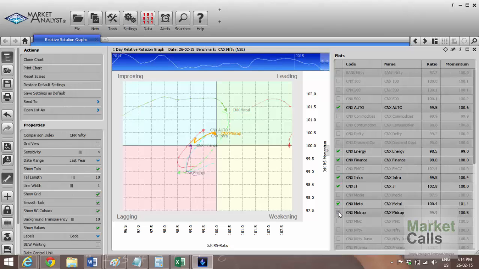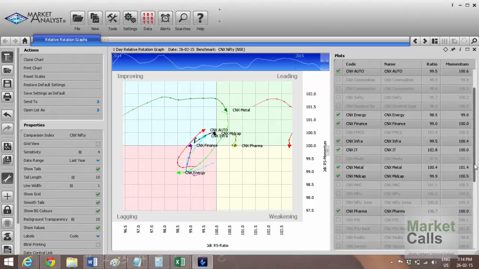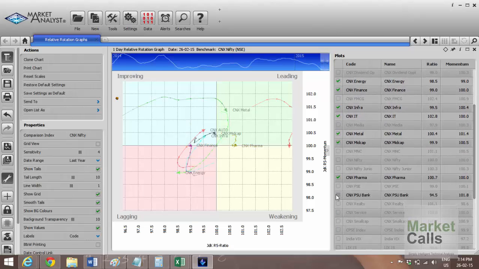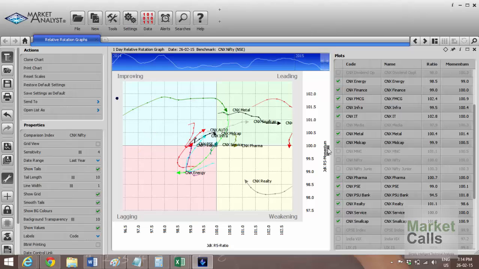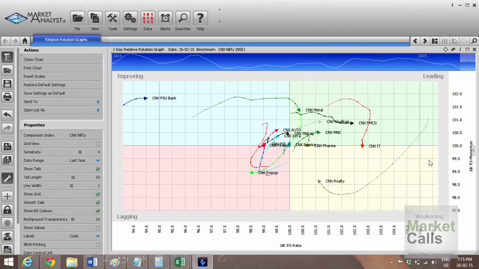I'll add mid caps, pharma, PSU bank, PSEs, realty, services, CNX small cap, and FMCG. We have almost covered most of the sectors. Let's see the overview.